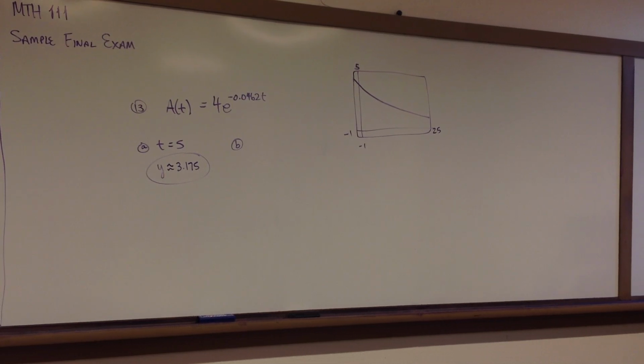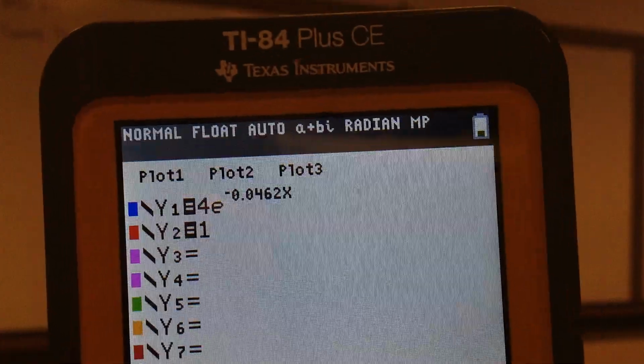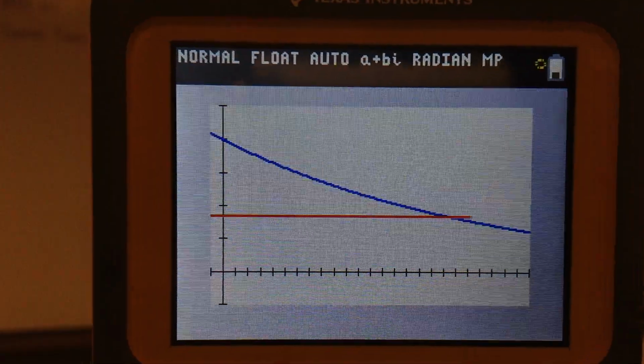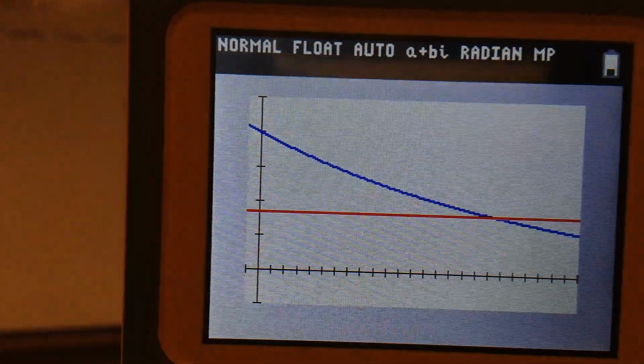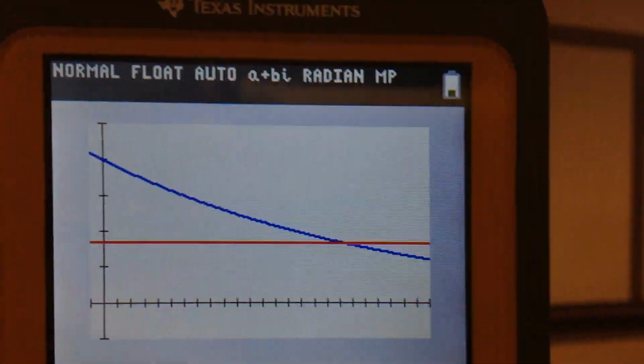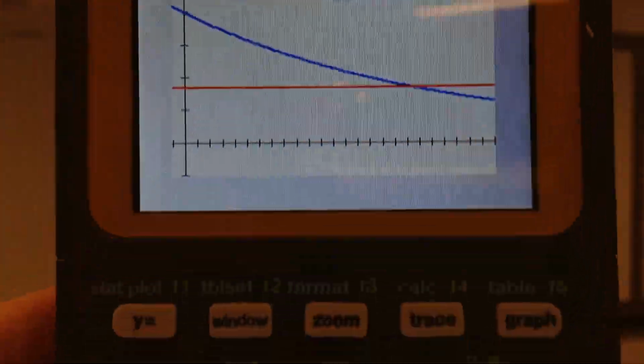So for this one, what we want to do is go back into the graphing window where it has y equals, and we want to graph y equals 1.7, which is the value that the problem was asking about. And there's the intersection right there. If you don't see the intersection, you're going to have to expand your window somehow so that you can see the intersection. Otherwise, the calculator won't find it for you.